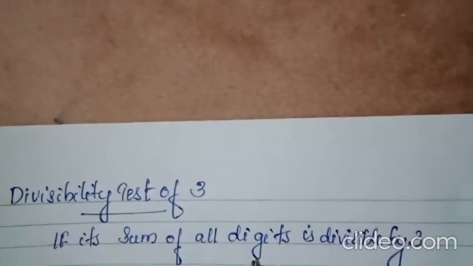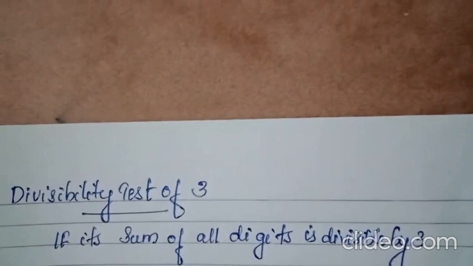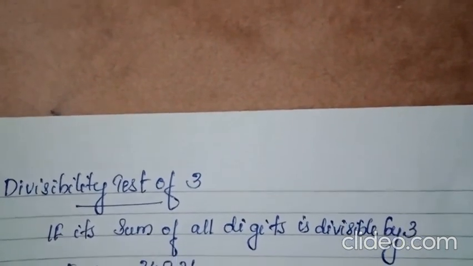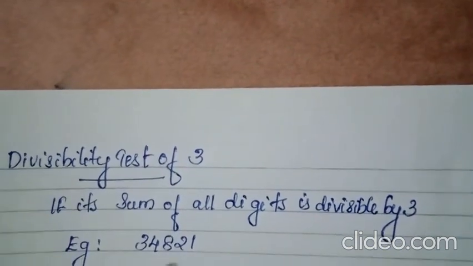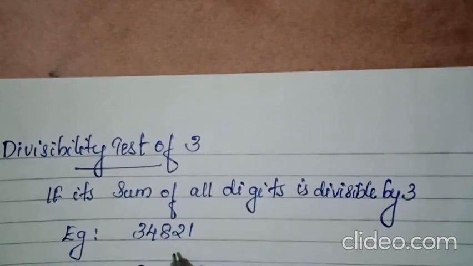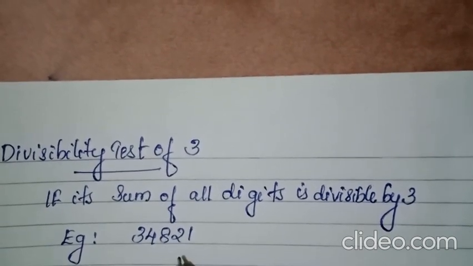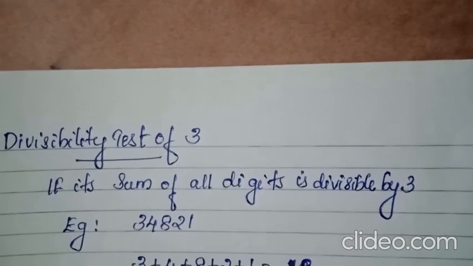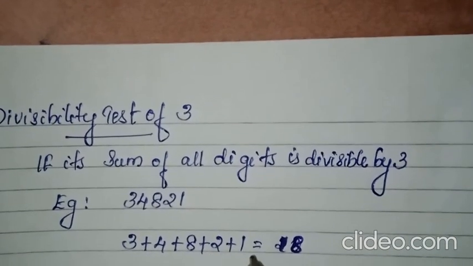Next we are going to study the divisibility test of 3. If the sum of all digits of a given number is divisible by 3, then we can say that that number is divisible by 3. So let us do one example. 34,821. First we will take the sum of all digits: 3 plus 4 plus 8 plus 2 plus 1.